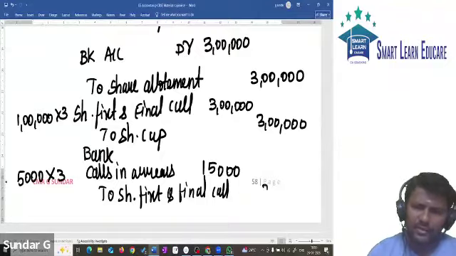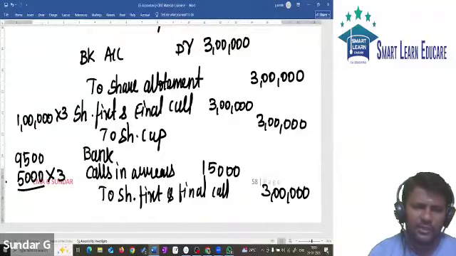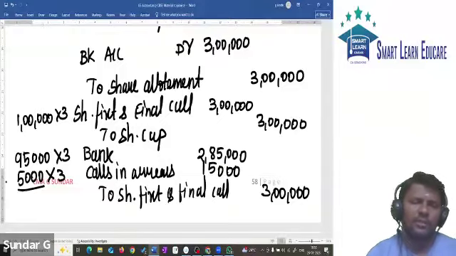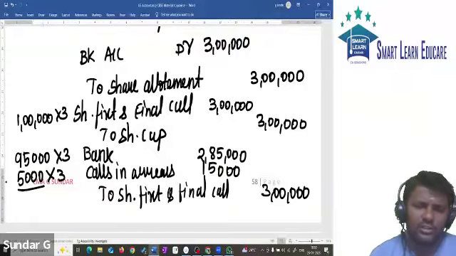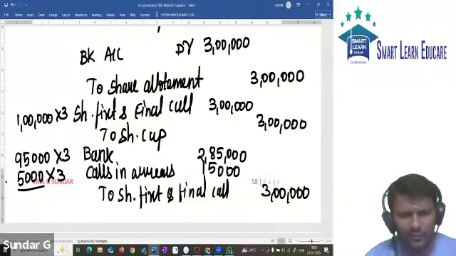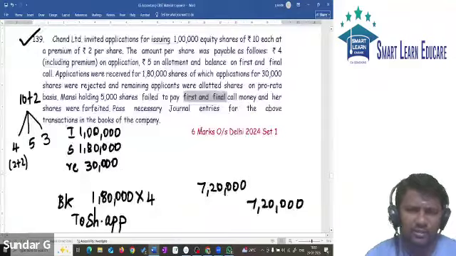Out of 3 lakh, the person holding 5,000 shares has not paid, so 95,000 shares are paid. 95,000 into 3 will give you 2 lakhs and 85,000. This 2 lakh 85,000 is paid. 15,000 is not paid, and that 15,000 is transferred to calls in arrears. Whether shares are forfeited because of the non-payment, read the question.